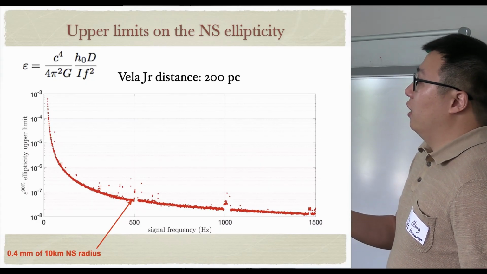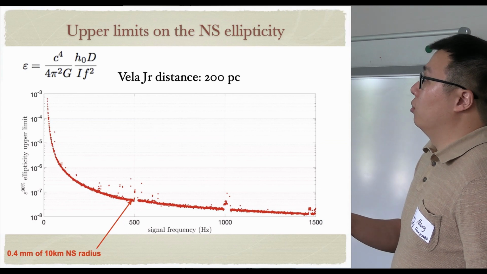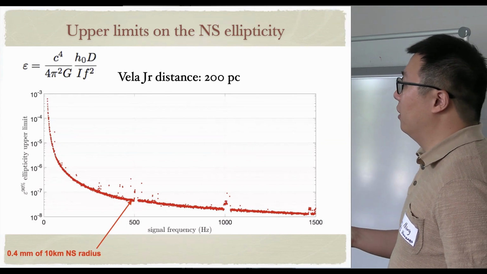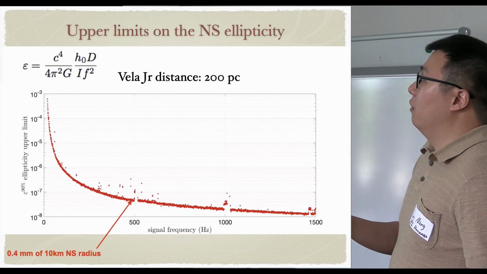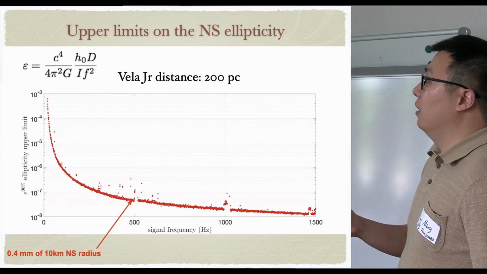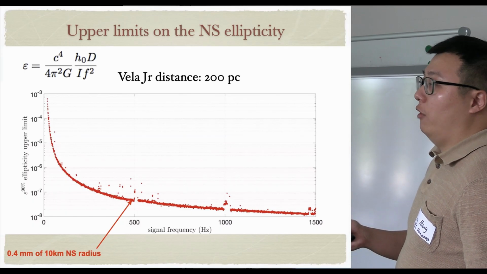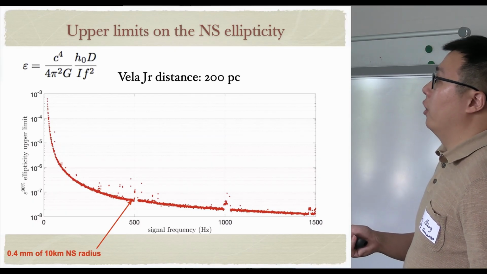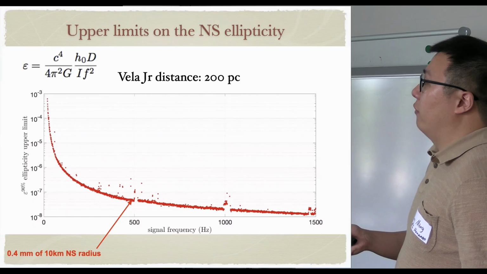We transform this H0 to the ellipticity. If we assume the Vela Jr. neutron star is spinning at 250 Hz, then the gravitational wave frequency is doubled, so it's at 500 Hz.